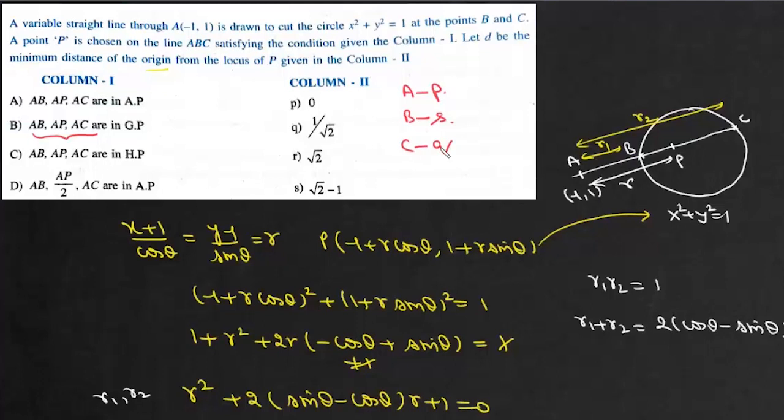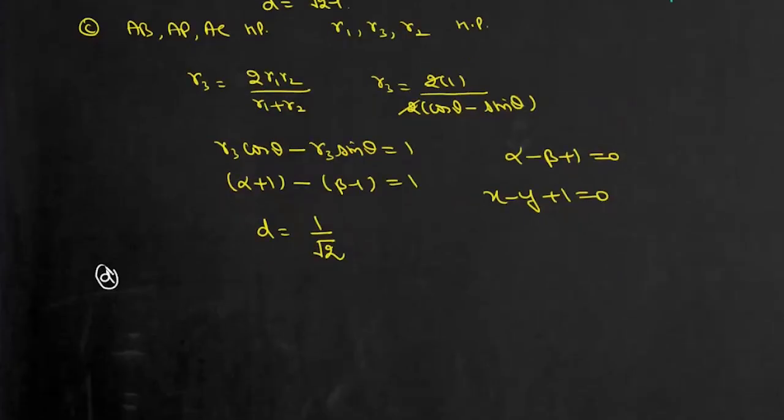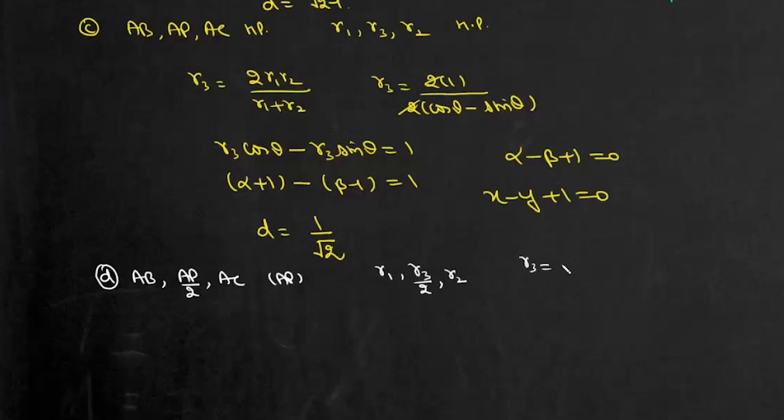And then AB, AP by 2 and AC, they are in AP. It says for this D, AB, AP by 2 and AC are in AP. That means R1, R3 by 2 and R2 are in AP, or R3 is simply R1 plus R2.